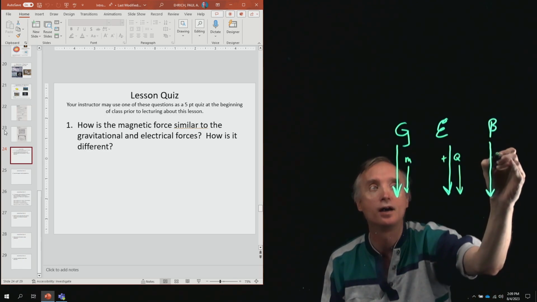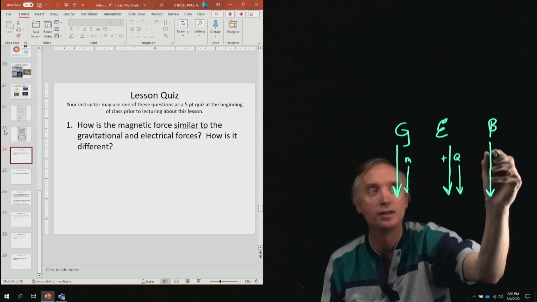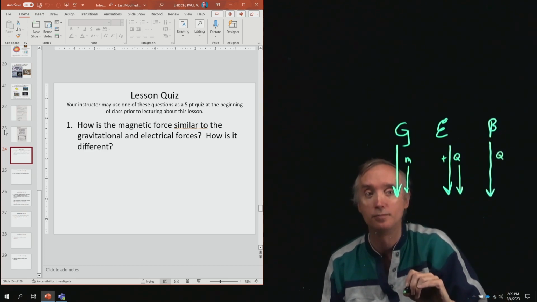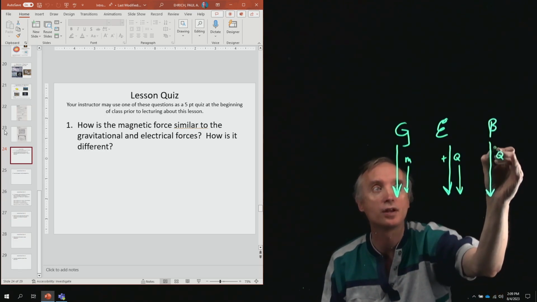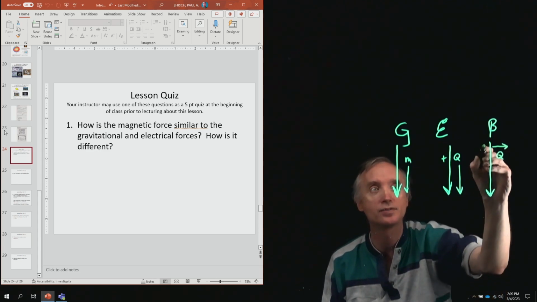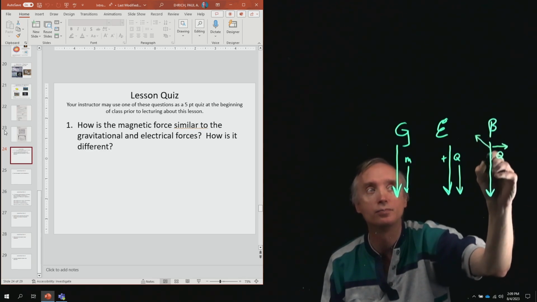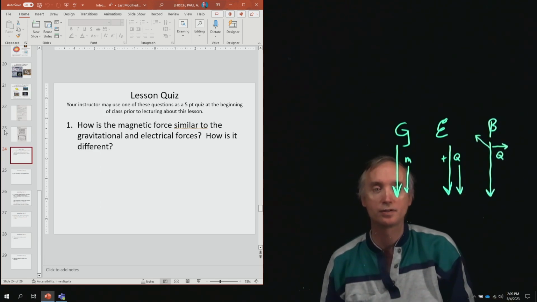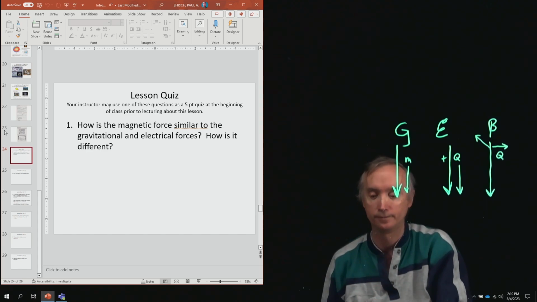And then electricity and magnetism are similar in that they both involve electric charge, but they are different in that the charge has to be moving, and as it's moving, it makes a force that is perpendicular to both of them. So the direction of the force is completely different than electricity or gravity.